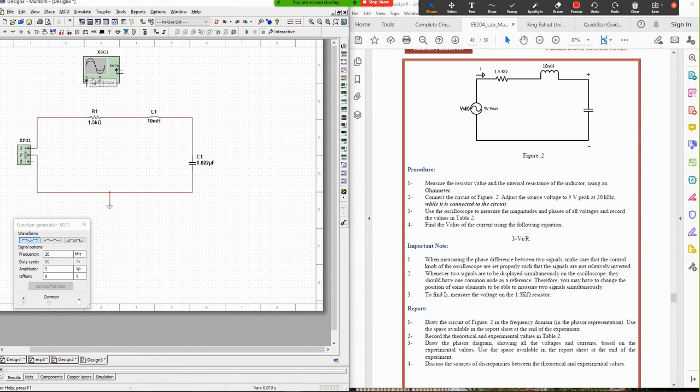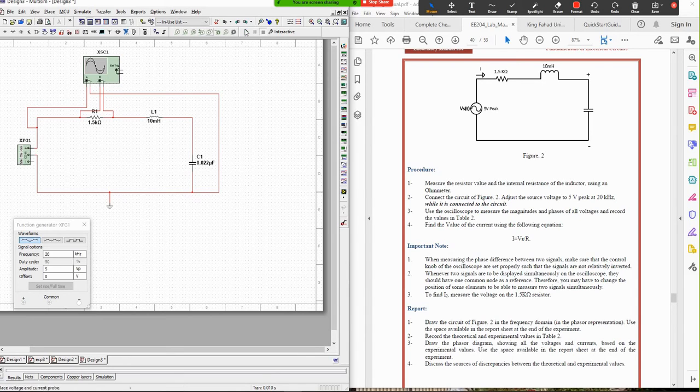It has two channels, channel A and channel B. The positive terminal of channel A is connected to the source, while the negative terminal of channel A is connected to the ground. The positive terminal of channel B is connected to the first terminal of the resistor, while the negative terminal of channel B is connected to the second terminal of the resistor.